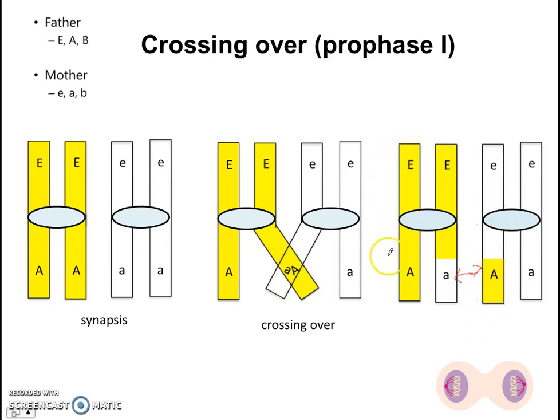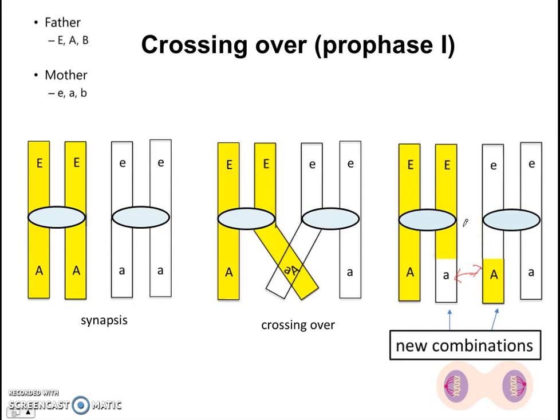So you can see over here, and that produces a new combination of alleles that was not found in my parents. Because my father gave me big E and big A together. But now, because of crossing over, some of my sperm will contain big E and small a together, right? So that's a new combination that was not found in my parents. So again, this is another source of genetic variation.